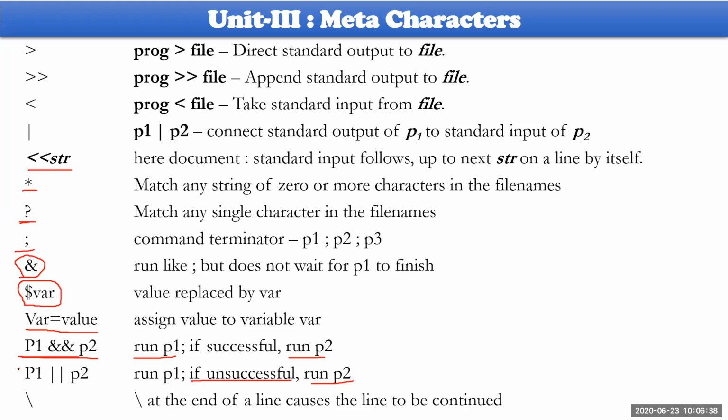If the first process succeeds, then the second process will not be run. Normally, backslash is always used to type a number of lines within the same command line. All these are considered as meta characters, which we completed in the previous class.